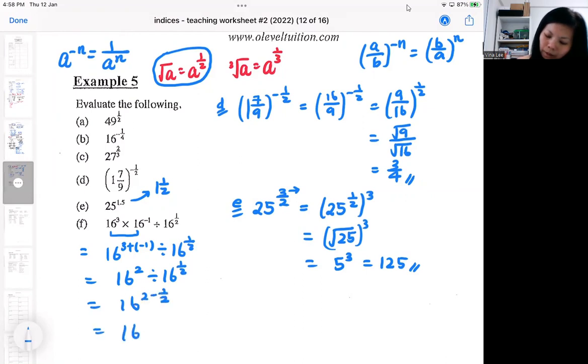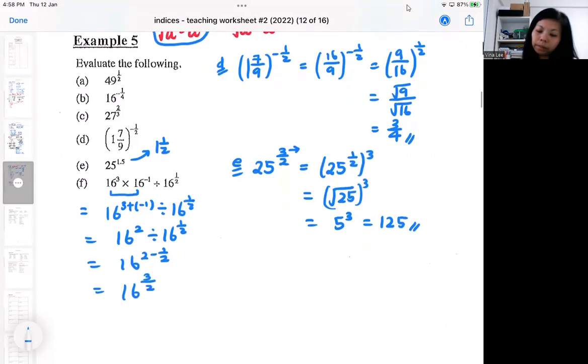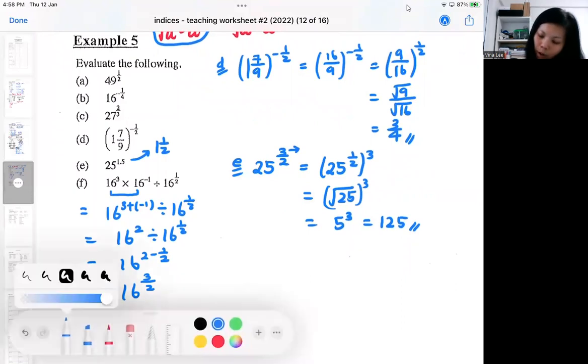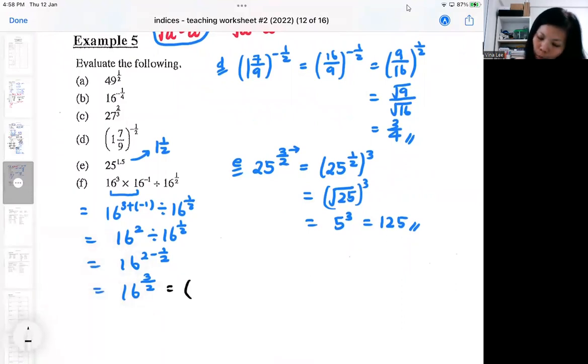So I end up getting 3/2. That means it's going to behave very much like E, where I can pull the numerator up and end up with a square root.